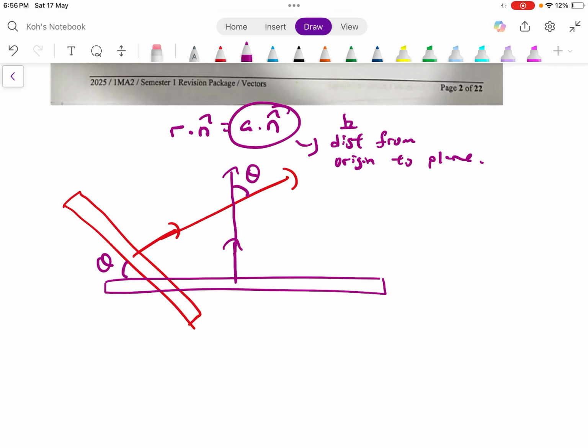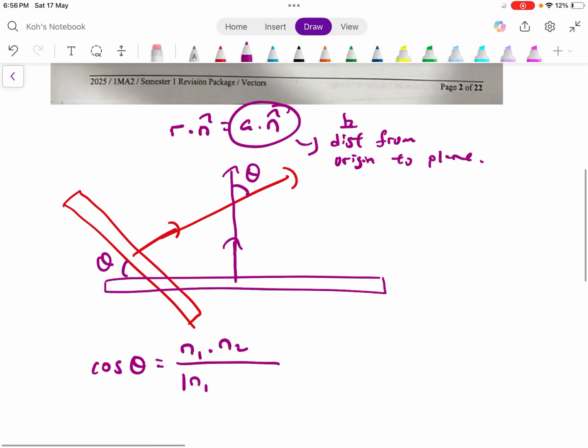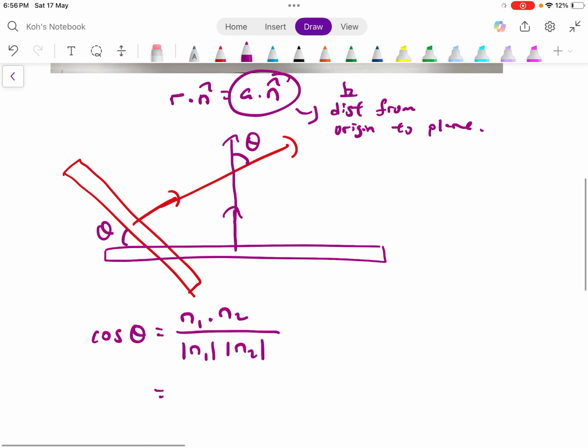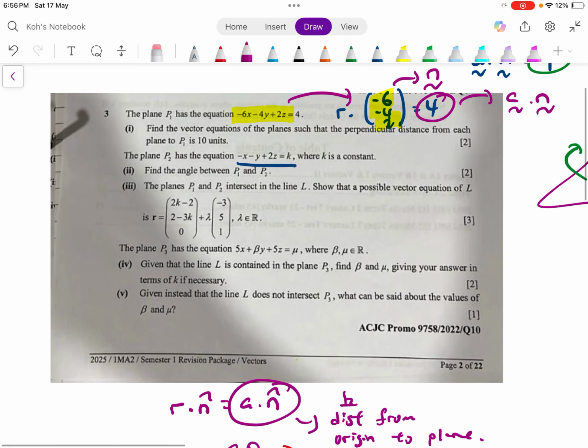So this one you can use cosine theta equal to n1 dot n2 over the modulus of n1 times the modulus of n2. Okay, so based on this, I just put in the values first. So this one is r dot, I convert to scalar product, (-1, 2, ...) is equal to k.